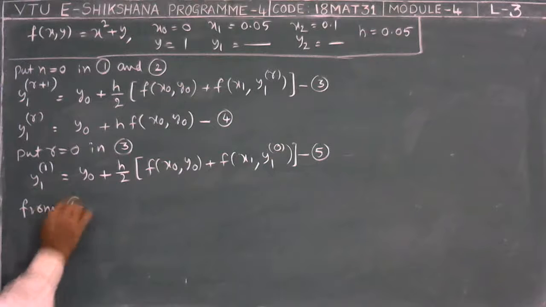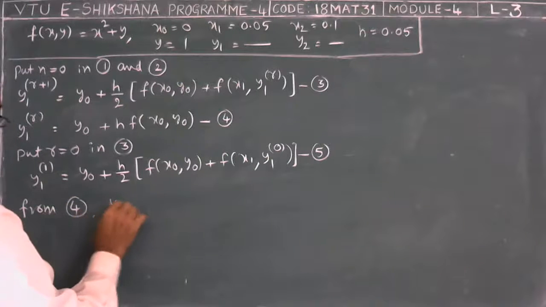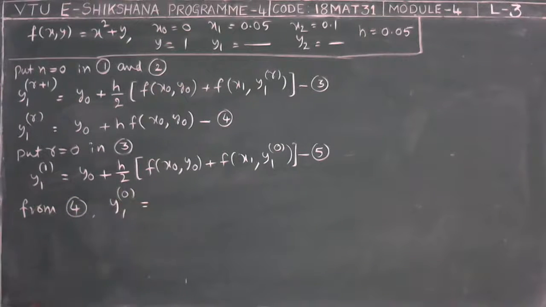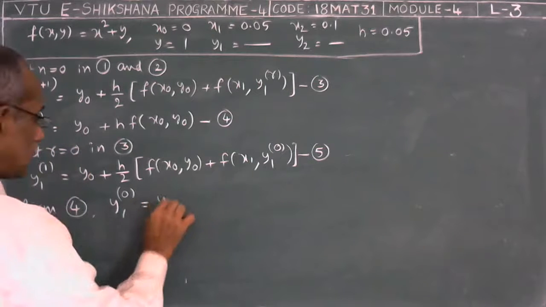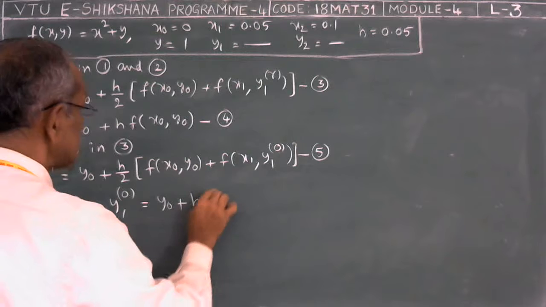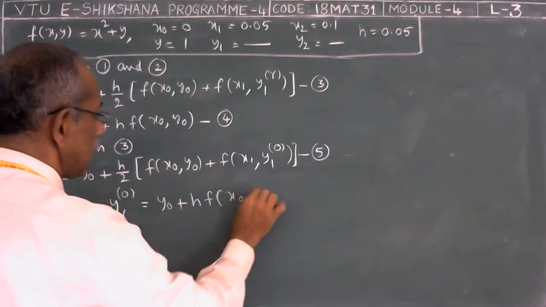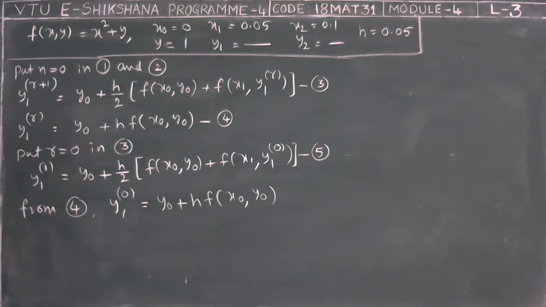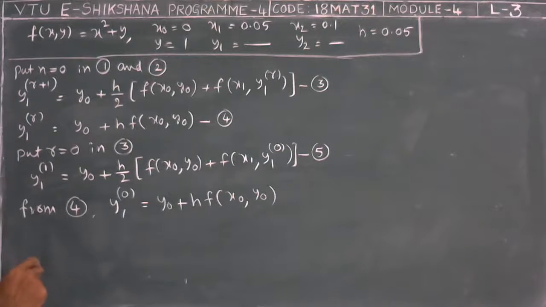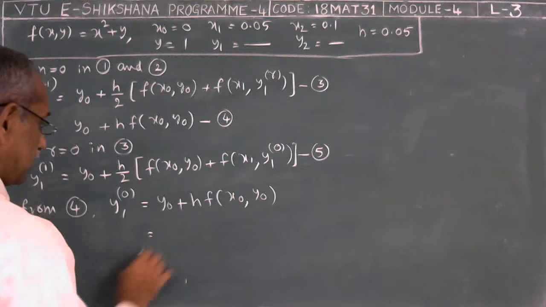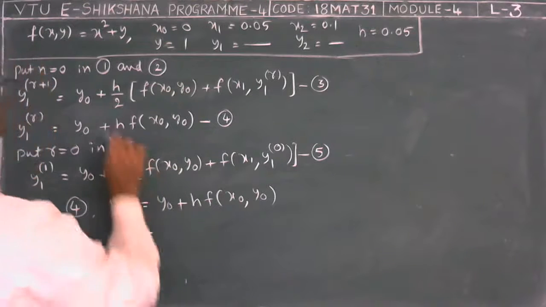From equation 4, y1 0 is equal to y naught plus h into f of x naught comma y naught. I know the definition of f of x comma y: x square plus y. So what is y naught?